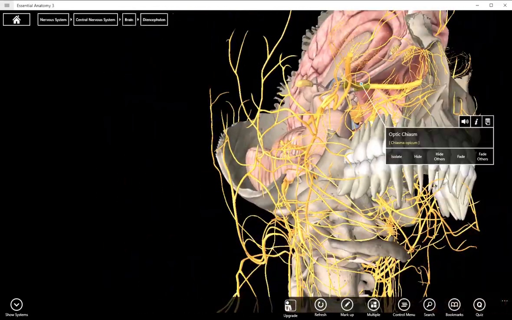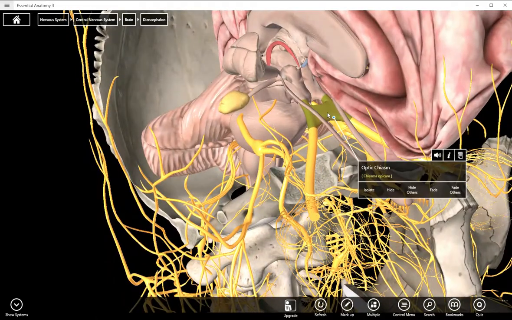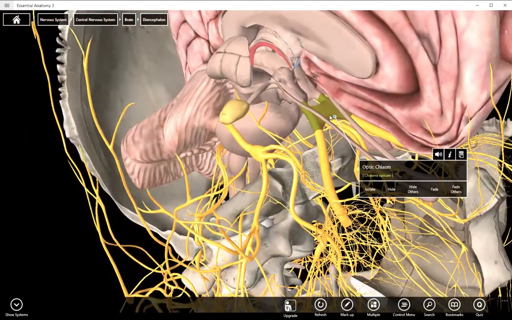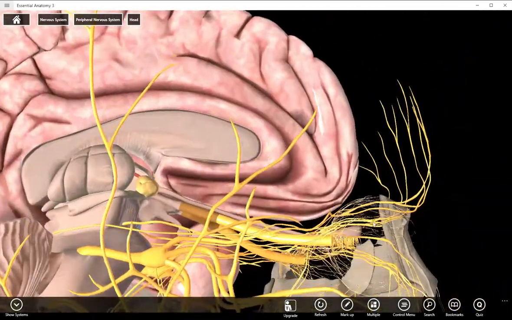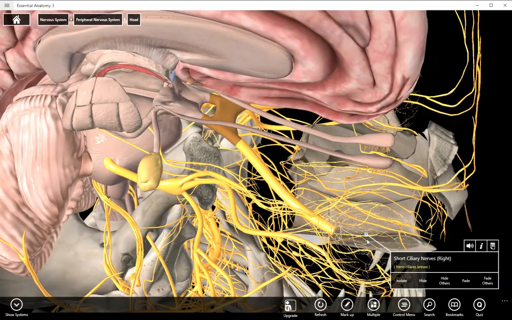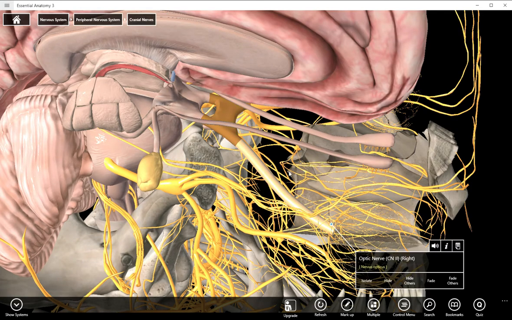There we go. And that's where the two optic nerves meet. And it's right near the hypothalamus. So between seeing the nerves from the retina in your eye and the optic chiasm, you can be pretty confident that this is the optic nerve, cranial nerve 2.